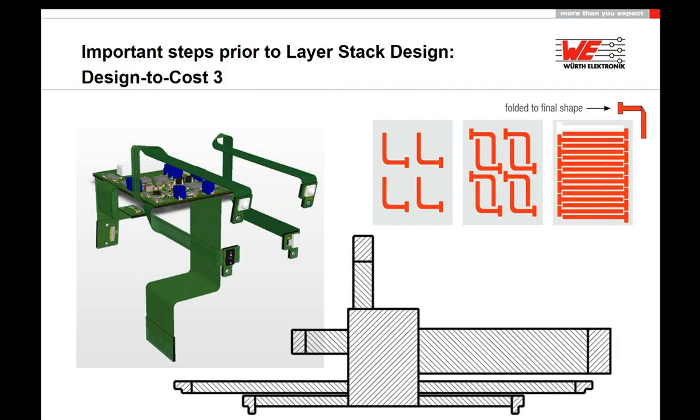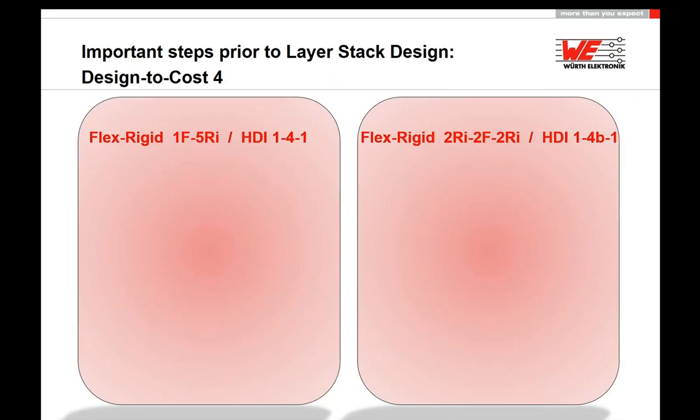The round area is a rigid area and 3 flex tails leave this rigid area, ending in another rigid area for connectors. Placing it into our production panel, as the design is really big, shows us that we have these red areas wasted, and you have to pay for them, but you don't get any benefit from it.